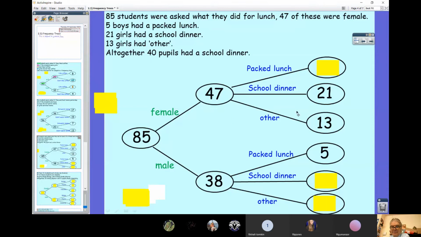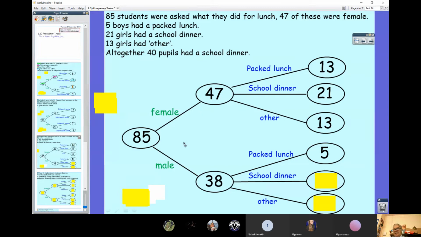So clearly, to fill in the gaps here, I'm going to come back to that 40 in a minute. What I can do is fill in that packed lunch there. That's obviously going to be the balancing item. These 3 have to add up to 47. So 47, take away 13, take away 21, gives me that 13. Okay, and again, let's just fill in the ones I can.